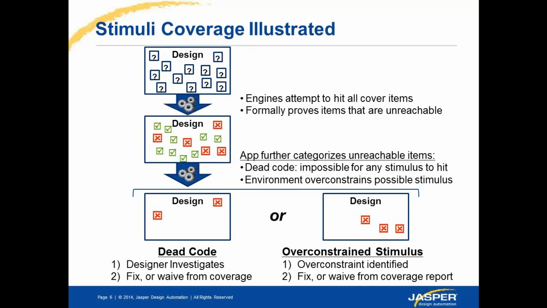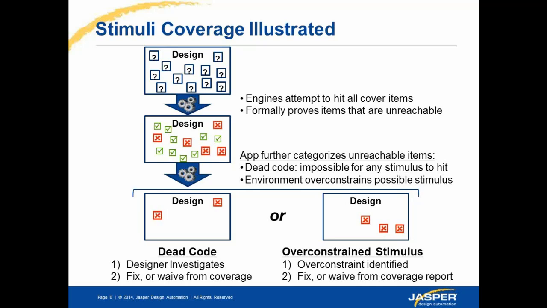These will probably never be hit, but you have to put them anyway. So if they're valid, then the designer can waive them. And if they're a problem, if they should have been covered and they're not covered, then the designer can fix them. So this will form your baseline. This will be the base snapshot which you will be comparing your formal verification results against.